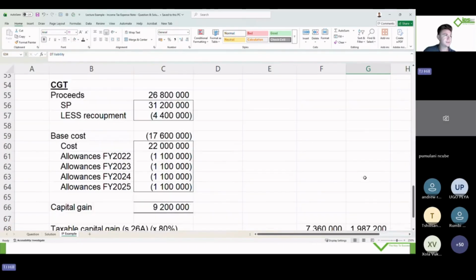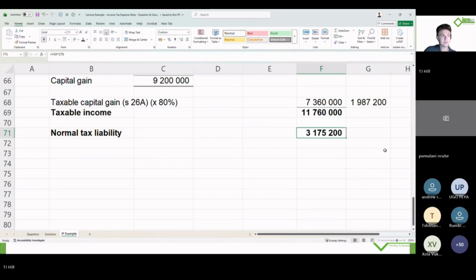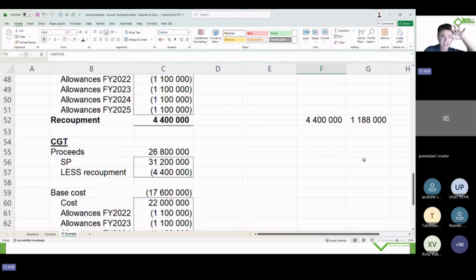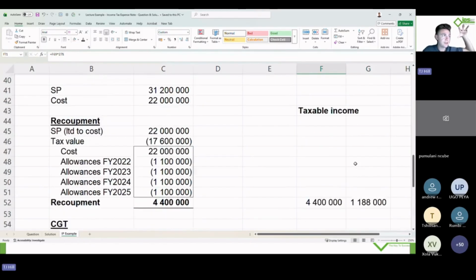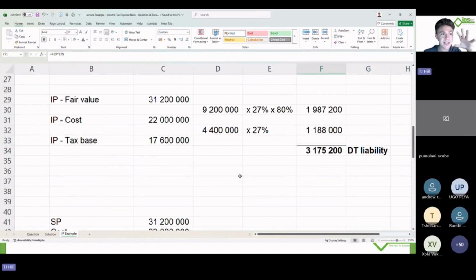We did it here for tax purposes, in the tax mindset. But in accounting, a capital gain only happens when you go beyond your cost. Otherwise, you have not made a gain. Okay.